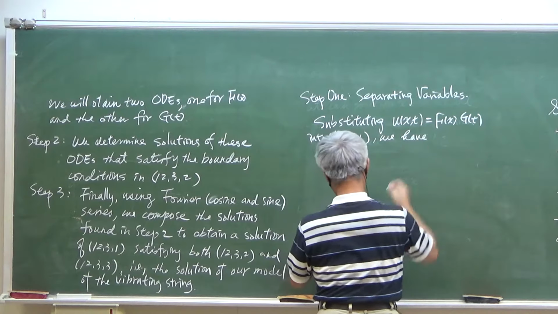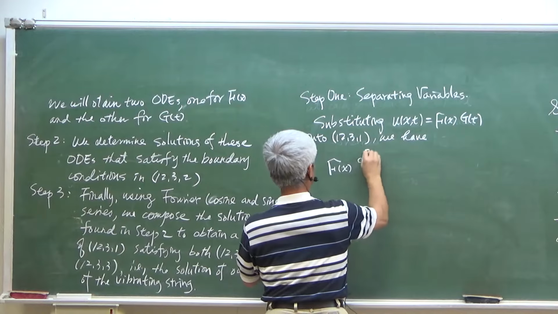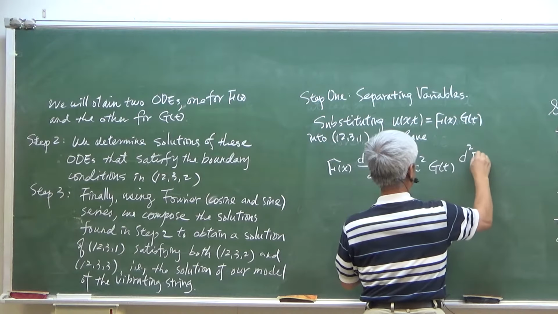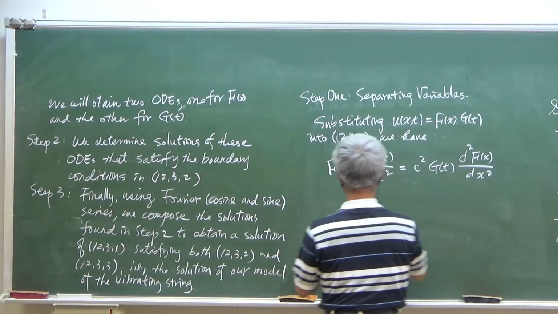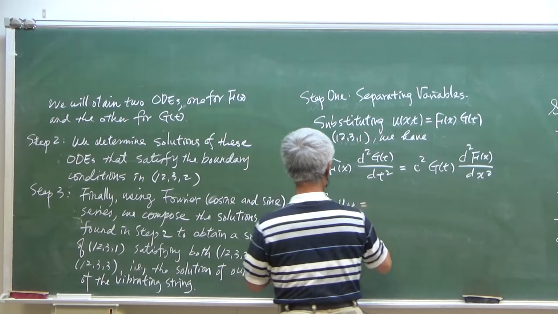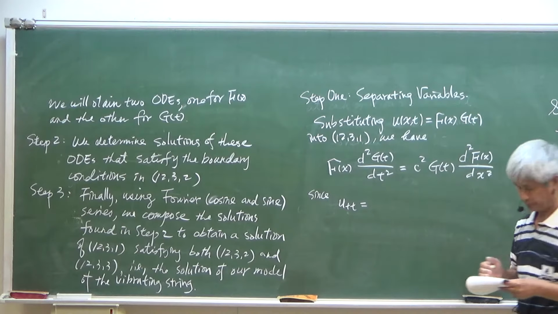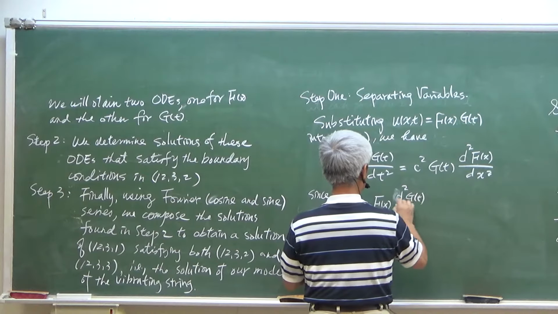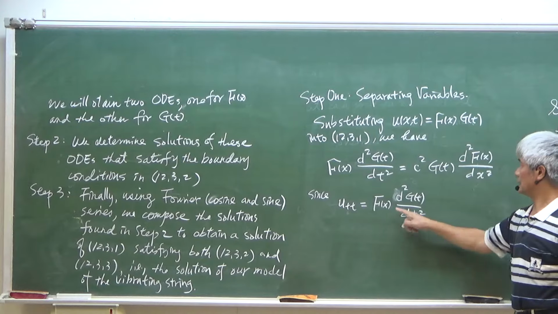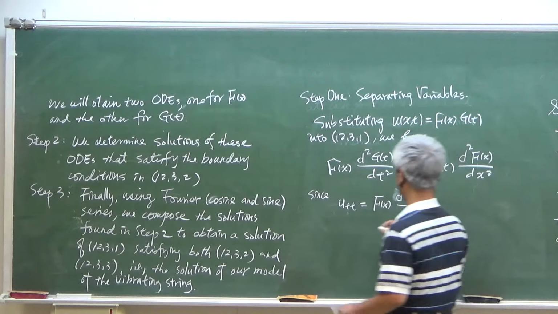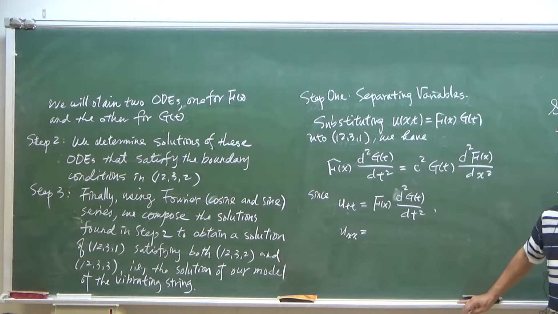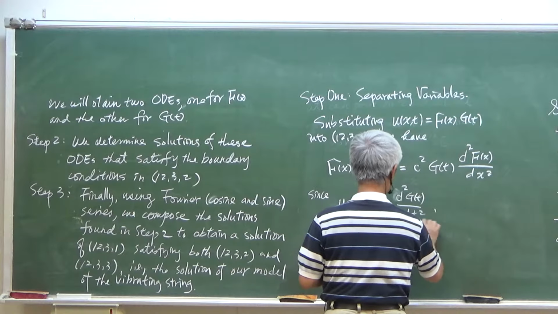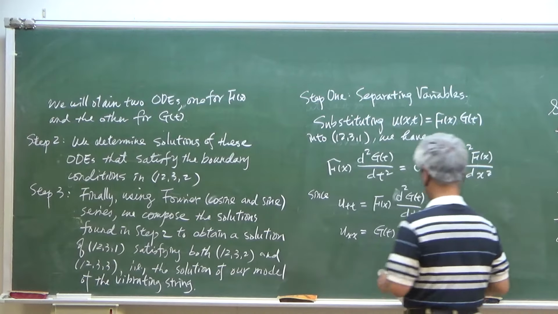So we have, okay, so we have F. The reason is that the partial derivative of u with respect to t twice is, okay, it is f of x times the second derivative of g with respect to t, and the second partial derivative of u with respect to x is equal to, okay, so this is just the substitution.